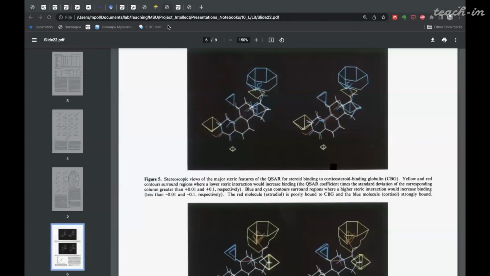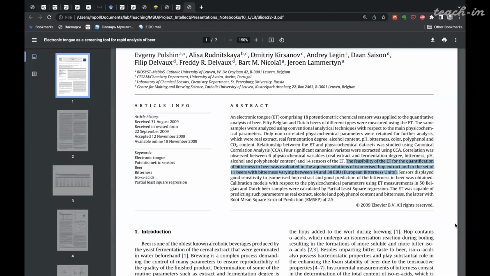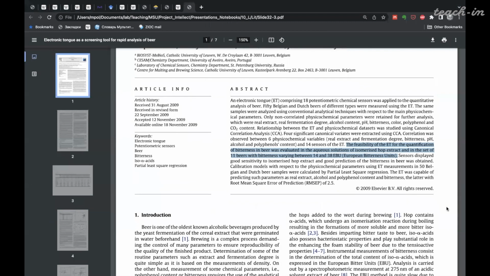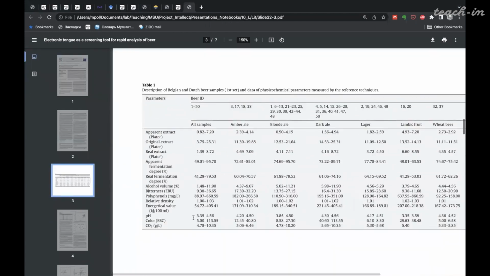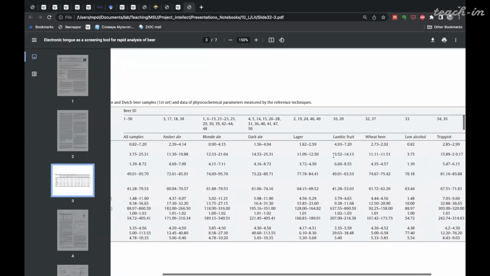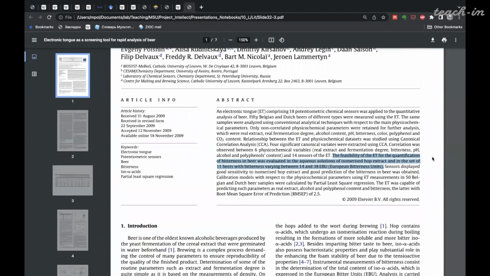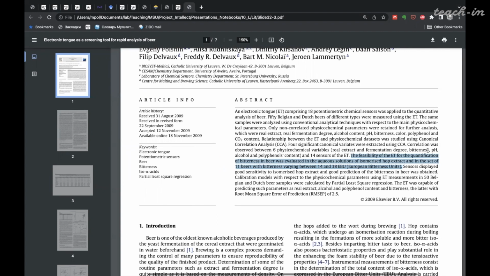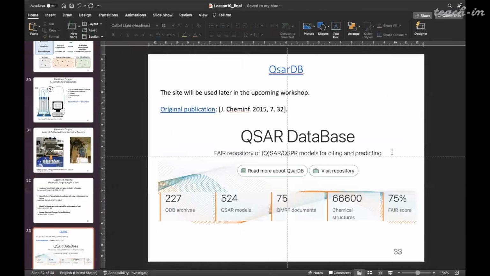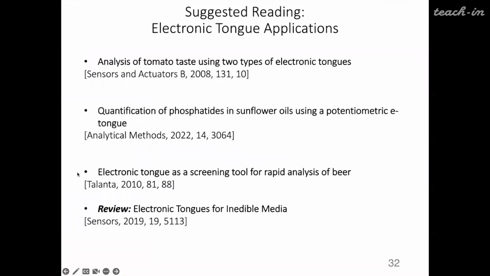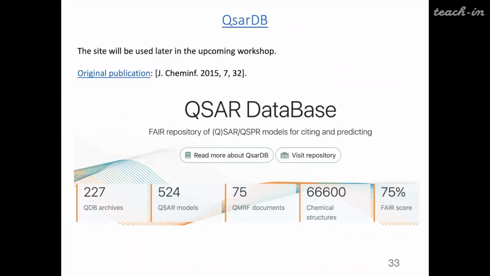Like in this article, for example, the team of researchers studied different beers like this, and they measured even bitterness of beer, which is quite a complex property to measure if we use a device and not a panel of degustators.